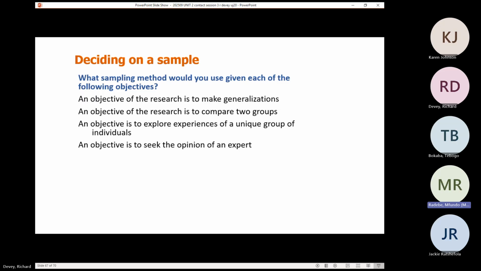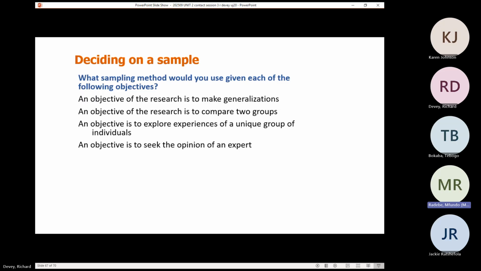Non-probability sampling won't be ideal for generalization, because it's not easy to generalize to a larger population due to selection bias.